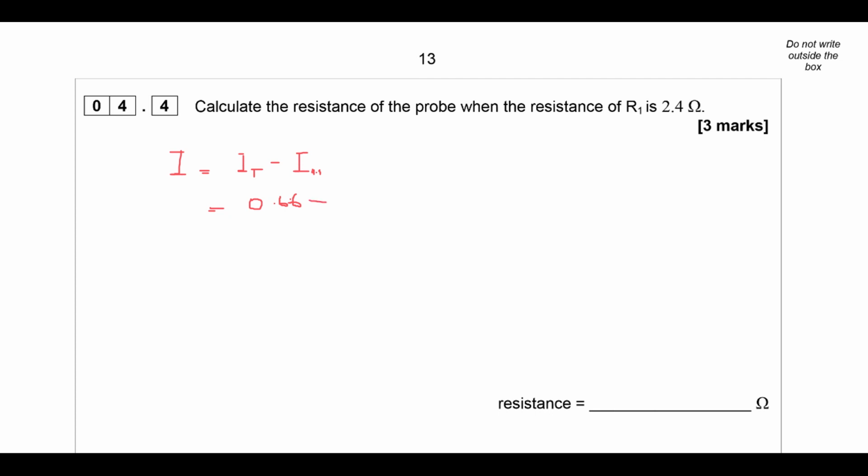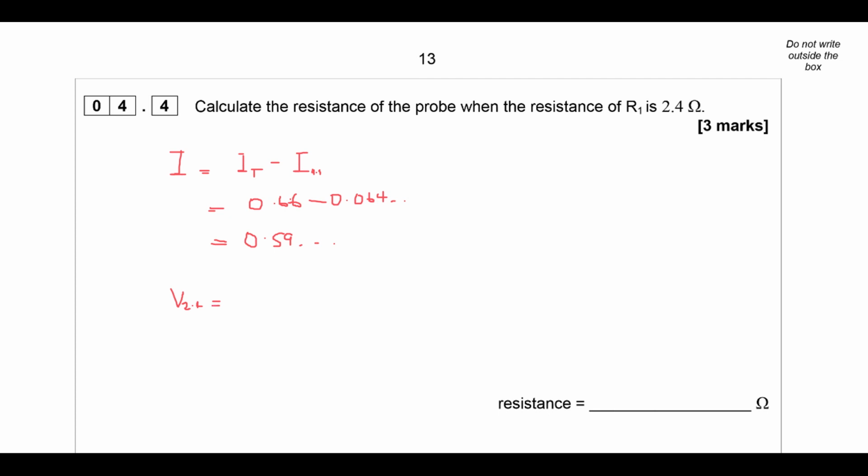And we've just got this other current, which was 0.064. So the current going through the other two resistors is 0.66 minus the answer. So that's 0.59 whatever.